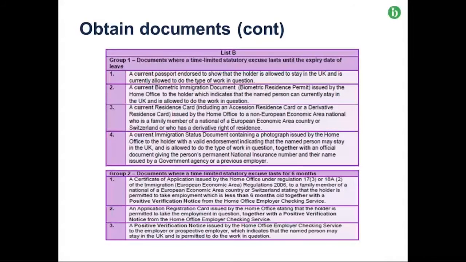You must be careful to make sure that you diarise that particular date, but you will have the statutory excuse up until that point in time. Group 2 documents are ones which have a very limited statutory excuse that lasts for just 6 months. So you would need to carry out a further follow-up check before that period ended around the individual's right to work.